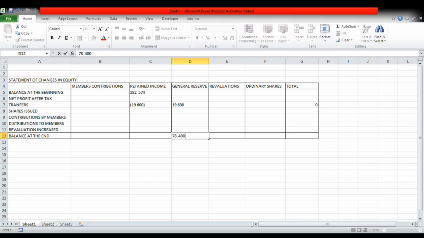So right now it's vice versa, which means you're going to take 78,400, then you're going to less that amount for the transfer, because this time we reverse. So this time we are reversing.